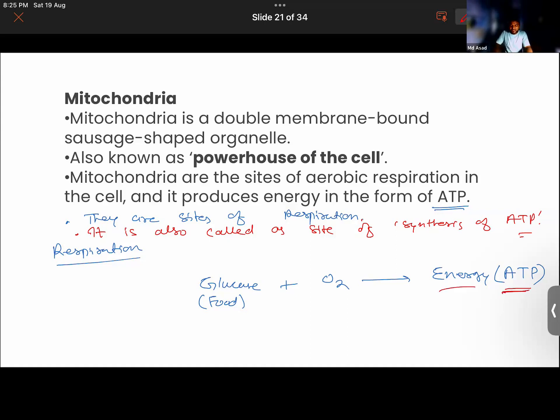ATP here is nothing but the unit in which the energy produced is measured. Like for energy, we measure it in joules. For different types of energy, we have different units to measure it. In the same manner, the energy that is produced is measured in ATP. Getting it?